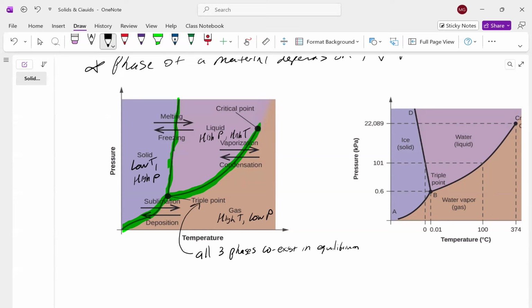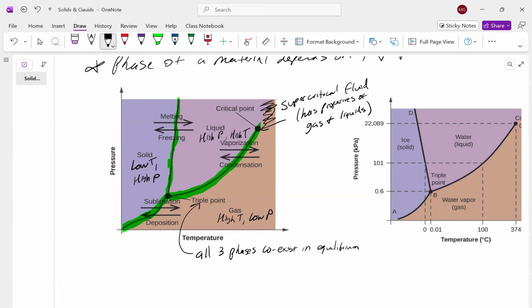And then this point here on this gas curve is known as the critical point. And basically, above that, so as we're going up here, we create what's called a supercritical fluid, which is a substance that has properties of gases and liquids.